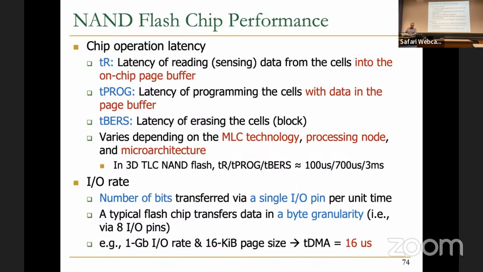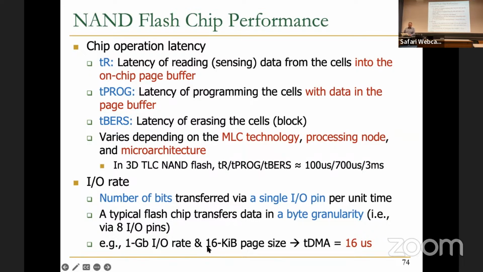Another important metric is I/O rate, which is the number of bits transferred via a single I/O pin per unit time. Flash memories currently have 8 I/O pins for data, and each flash memory is connected to the channel, which is also 8 bits wide. Each single I/O pin has an I/O rate of 1 gigabit per second.